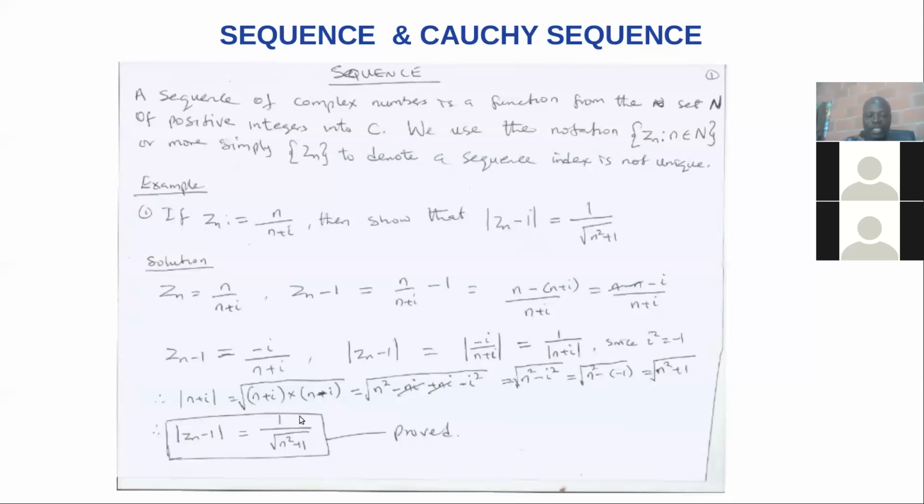So if you open this bracket, this will give you n squared minus ni plus ni minus i squared. This will cancel out. And since we know that i squared is equal to minus 1, if you replace this, then you have n squared plus 1. So this is the modulus of n plus i, which we have here. By the time you replace this term, you have this, which is what we are asked to prove here.